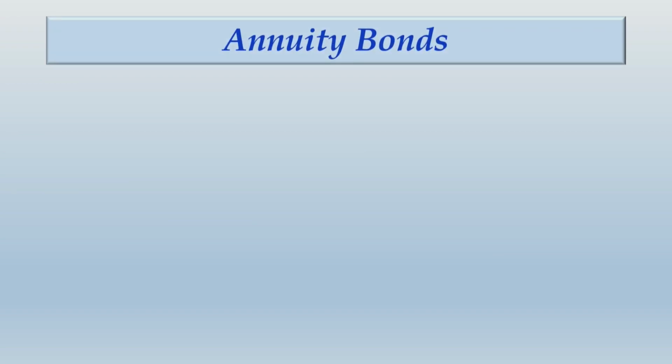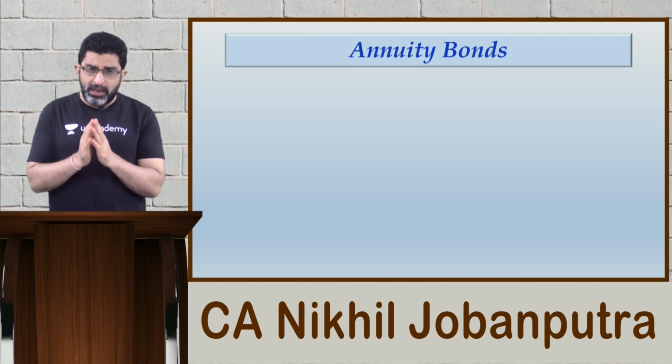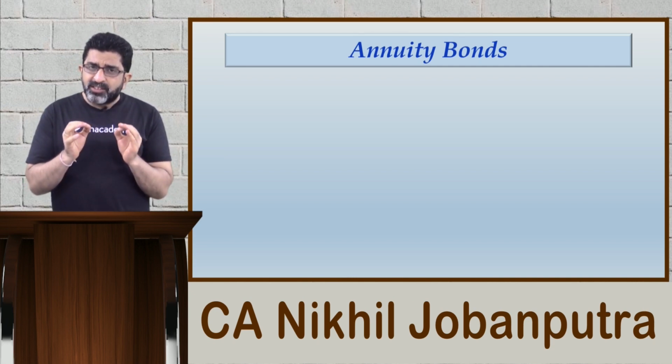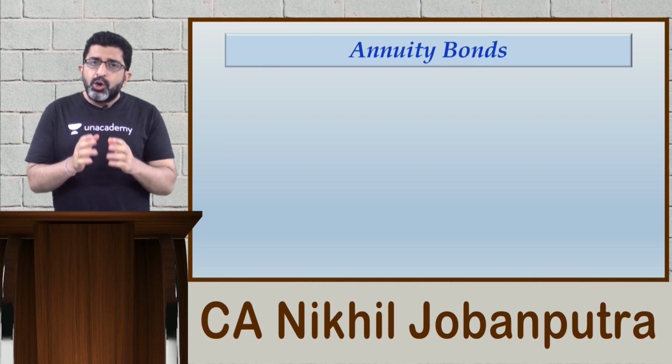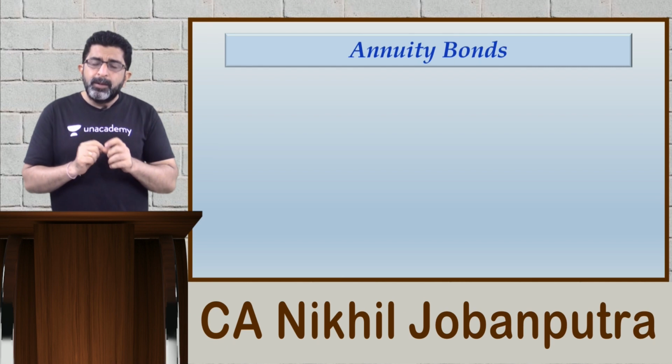Let us move ahead and now talk about annuity bonds. If you can recall, some time back while explaining the basic terms, I have already clarified the meaning of annuity bonds. Annuity bonds are such bonds which are not going to provide any coupon payments to the investor.